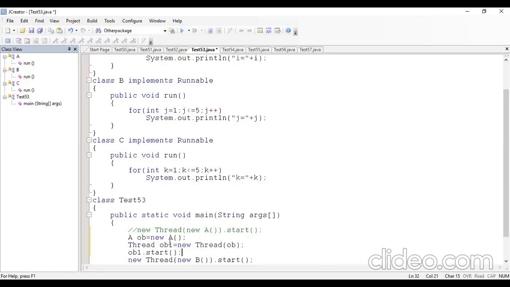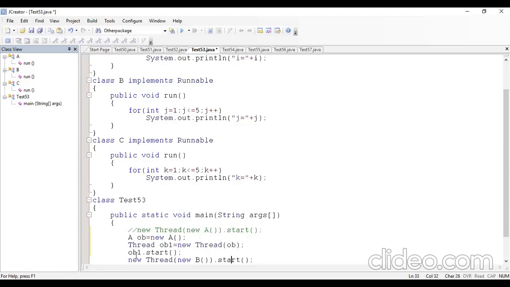Just like this. We have created an object of class A first. A is the class where we implemented the Runnable interface. That object will be passed as a parameter of a Thread constructor, and the thread object gets created, that is OB1. Now we can call the start method on OB1 because OB1 is an object of the Thread class.